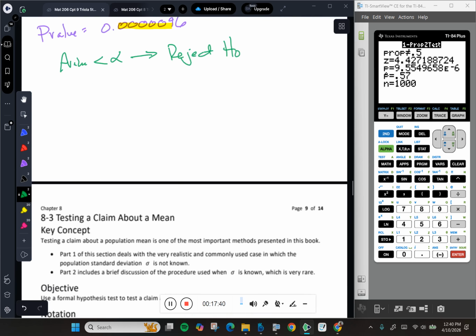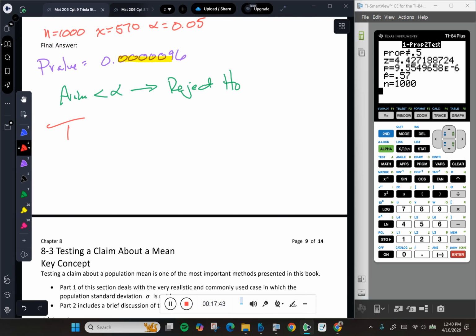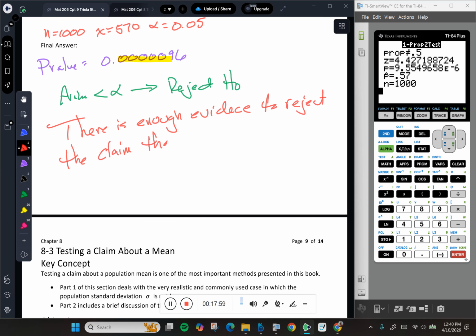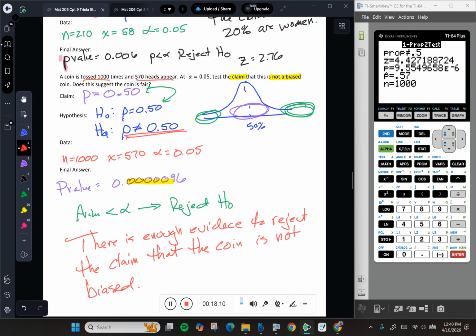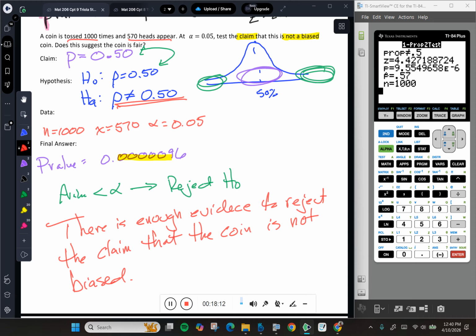So I can say there is enough evidence to reject the claim that the coin is not biased. All right, so what does that mean? Is this a fair coin? No, the evidence rejects that claim. The evidence says this coin is not fair.